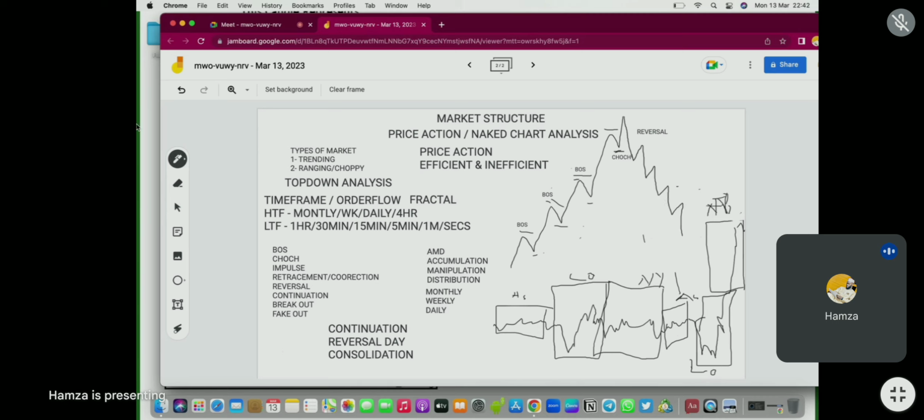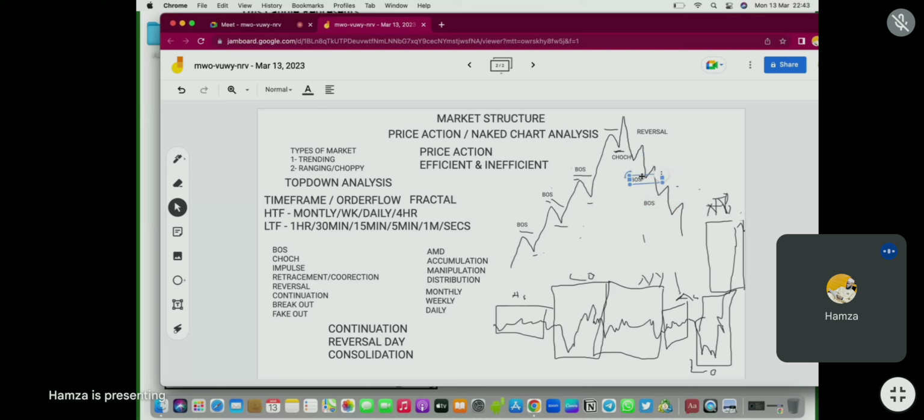And then going forward, we would be having BOS to the downside. So this is BOS. Sorry, this is BOS.